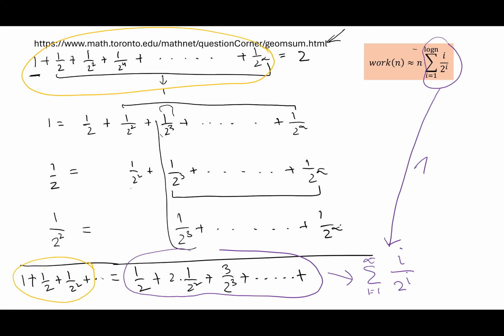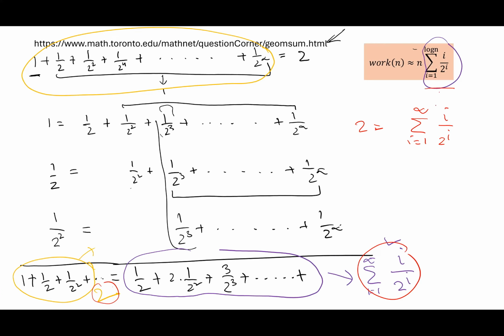And then what about this portion? This portion is 2, right? So let's write it down: 2 equals to this.